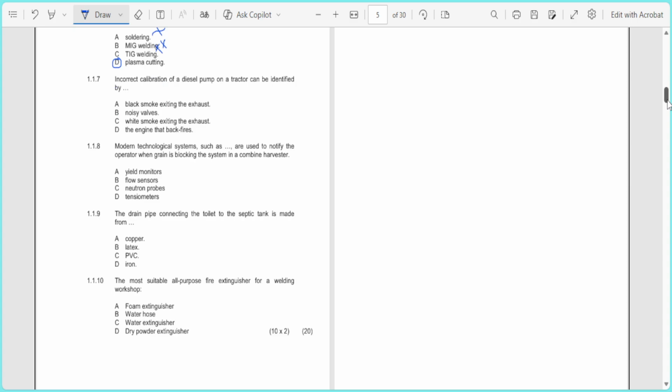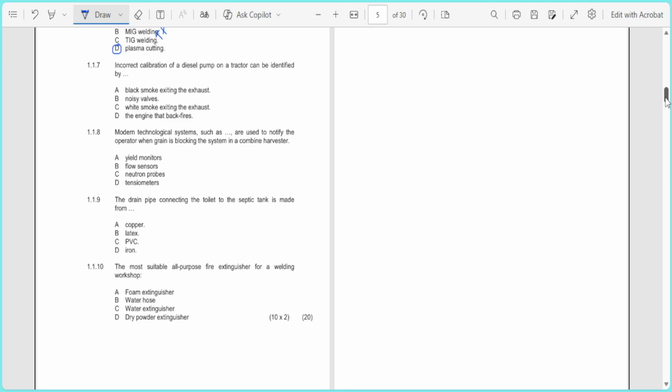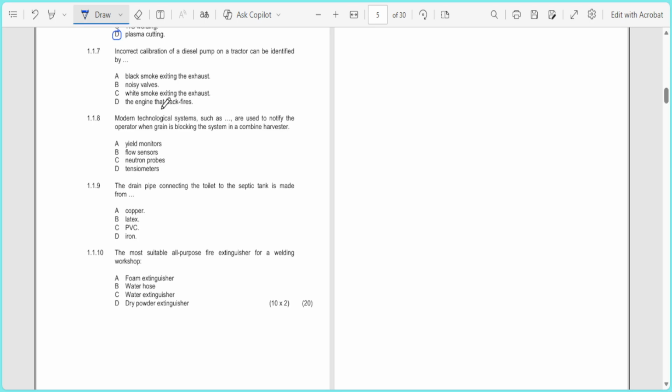All right, so 1.1.7, incorrect calibration of a diesel pump on a tractor can be identified by. Okay, it's obvious. A, black smoke exiting the exhaust pipe. Noisy valve, no. White smoke exiting the exhaust pipe.